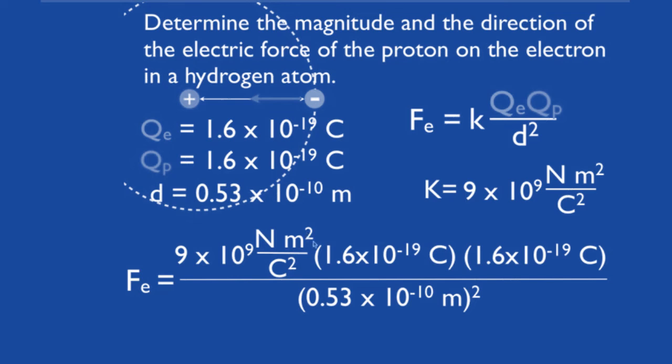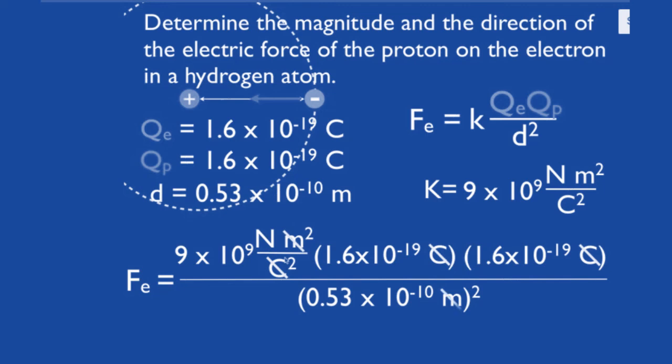So then we are going to do the math now. Before we do the math, we'll note that we have our units here, and for the force we are going to need newtons. So we need the other units to cancel. The coulombs multiplied by coulombs, coulomb squared, are on the top of this fraction and the coulomb squared is in the denominator of the constant, so those coulombs are going to cancel.